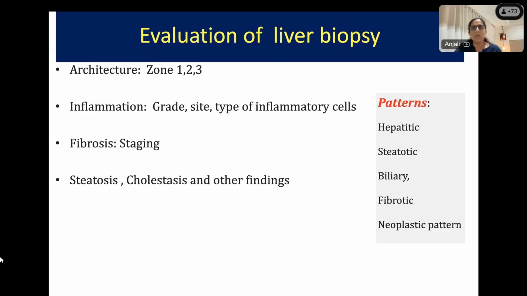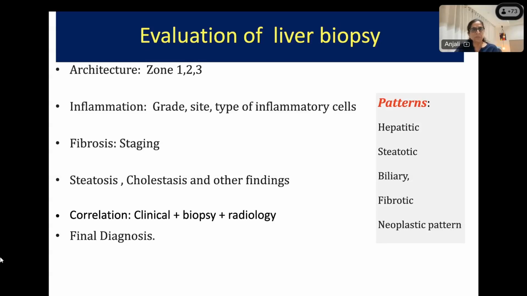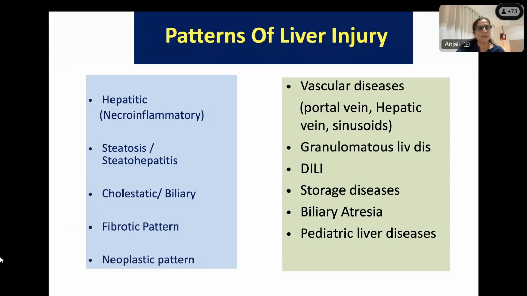So we actually give pattern to the clinicians: hepatic pattern, steatotic pattern, biliary pattern, various fibrotic patterns, and neoplastic patterns. So depending on these patterns and any additional features, we have to correlate with clinical findings and give the final diagnosis. Now, there are various patterns. As I said, I am going to deal with only hepatic pattern today, and that also chronic hepatic pattern, because otherwise this is very, very vast.